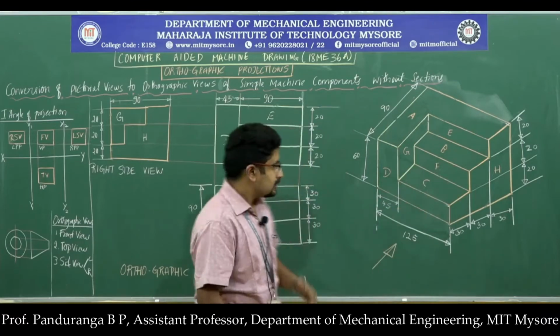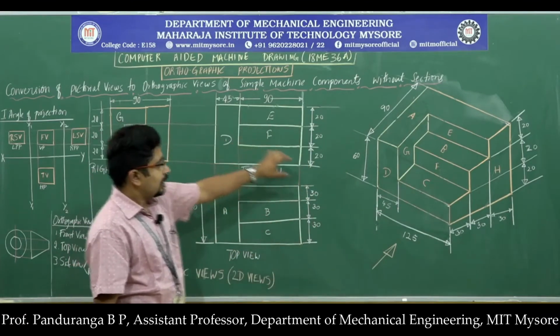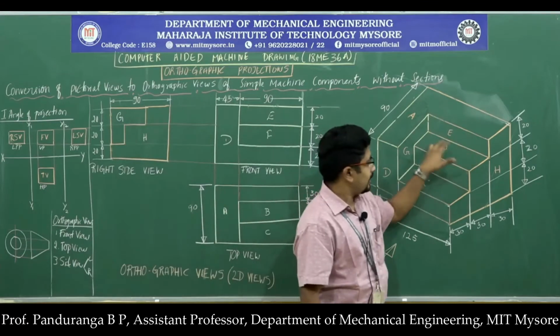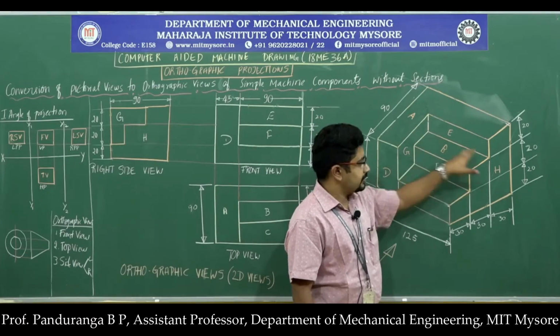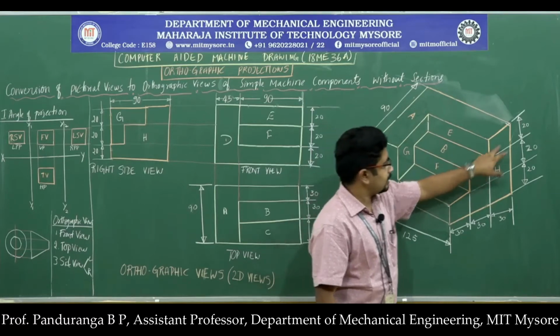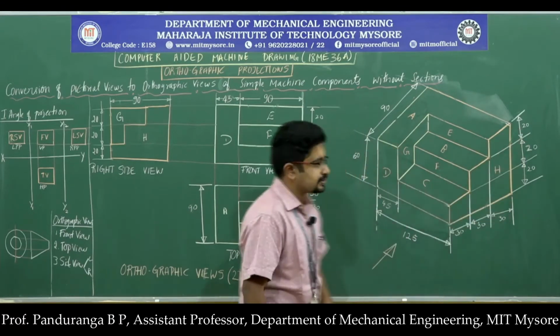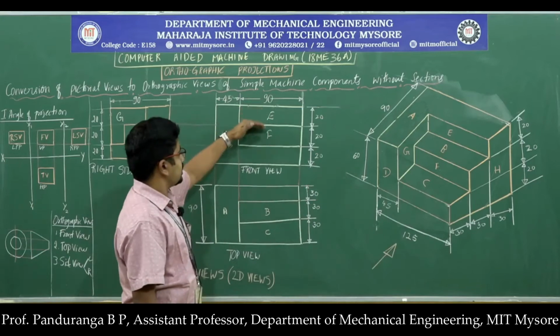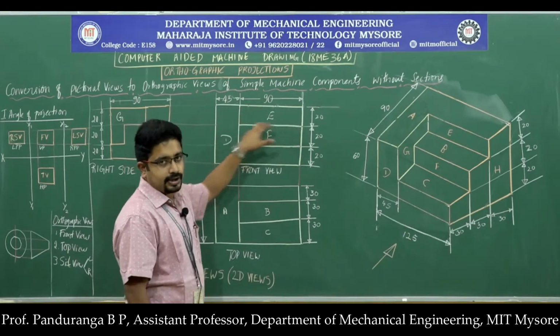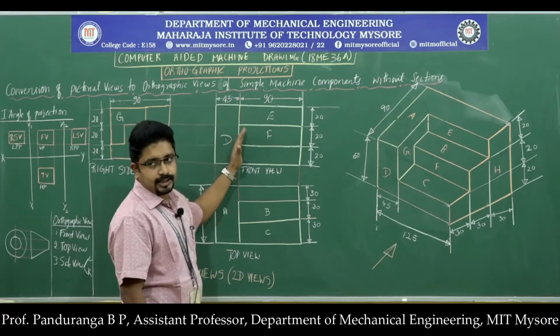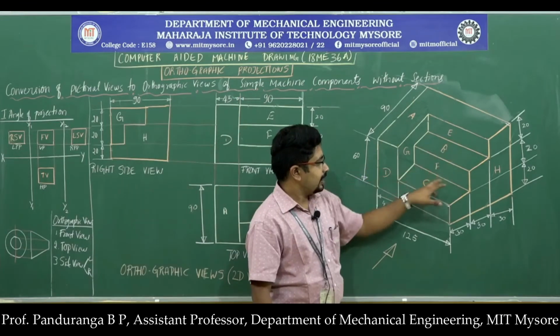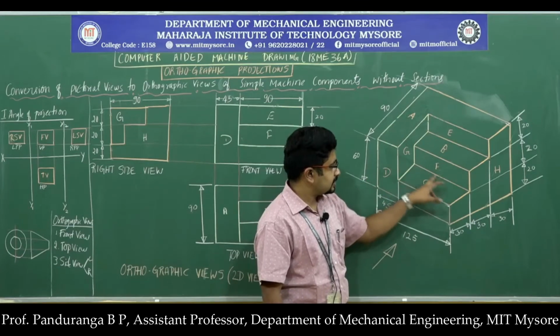So now what I will do is, I will see from the top, I will try to write this edge which will coincide with this edge, and that is at a height of 20 mm from the top surface. From the top surface at a distance of 20 mm, again I will write a thin line till I meet this vertical line. Then now I need to draw this edge.